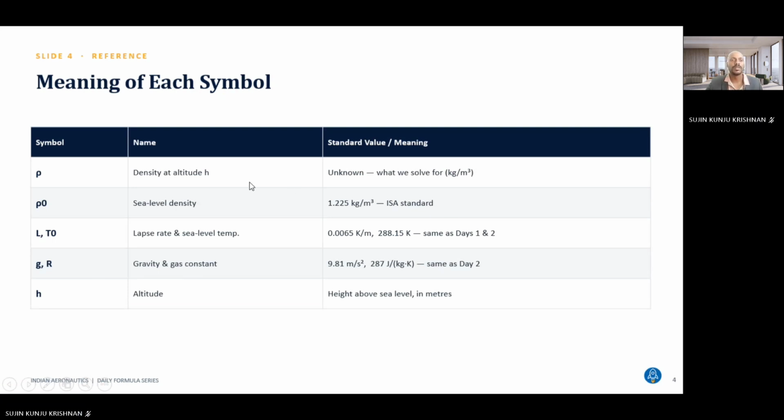See this? So rho, density at altitude H, is the unknown, what we solve for. Then rho 0, L, T0, G, R, and H.